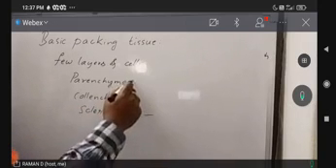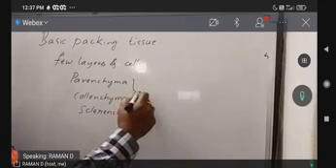Except sclerenchyma, parenchyma and collenchyma are made up of living cells.